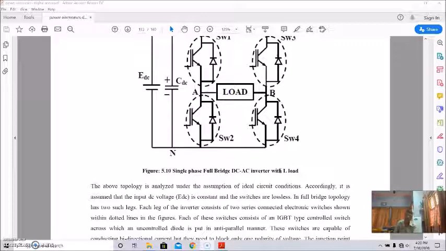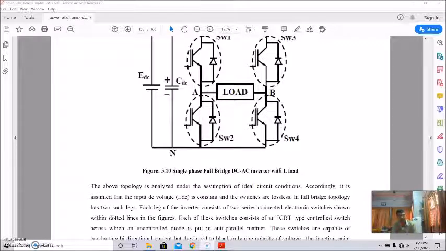So, as I told you, we have discussed single phase full bridge inverters with resistive and resistive inductive load, basically the inductive load.